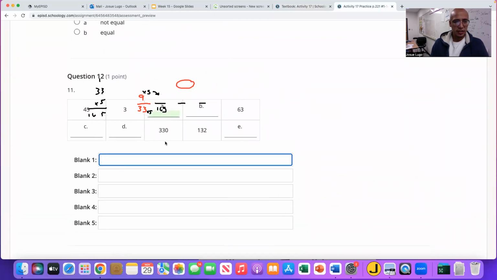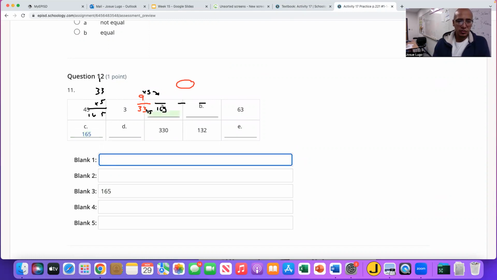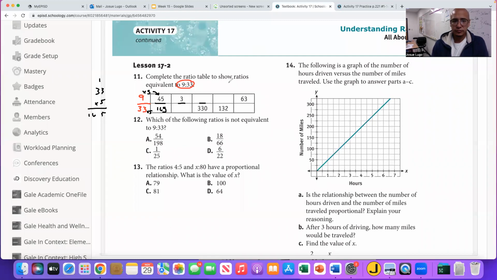Notice that the first blank is actually not that one, but that blank would be C, and that would be 165. Why don't we do this next one? A, which is this blank over here. Let me change the color. We're going to look at this blank over here. It's asking what over 330, and here let me erase these things so that we're not as cluttered.